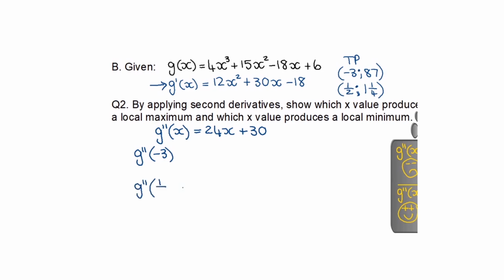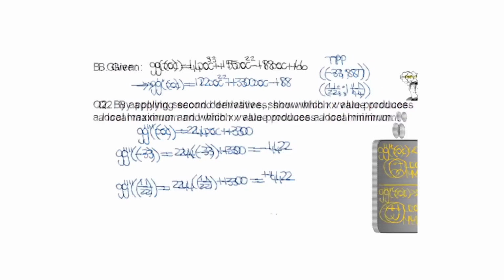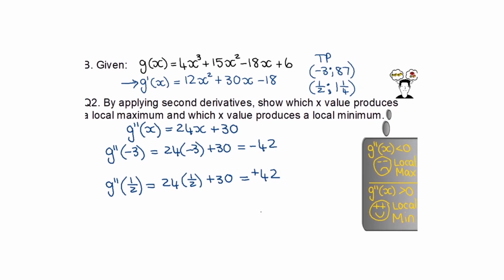So if I replace the x with a -3, 24 times the -3 plus the 30 gives me -42. If I replace every x with a half, then I'll get half times 24 is 12 plus the 30 is +42. Okay, so let's just see what we have said there on the screen.